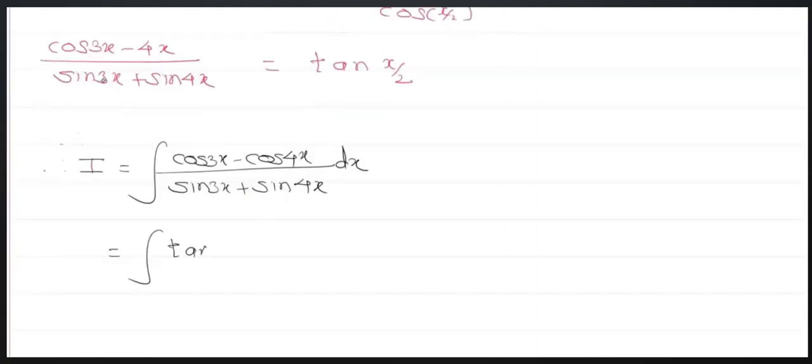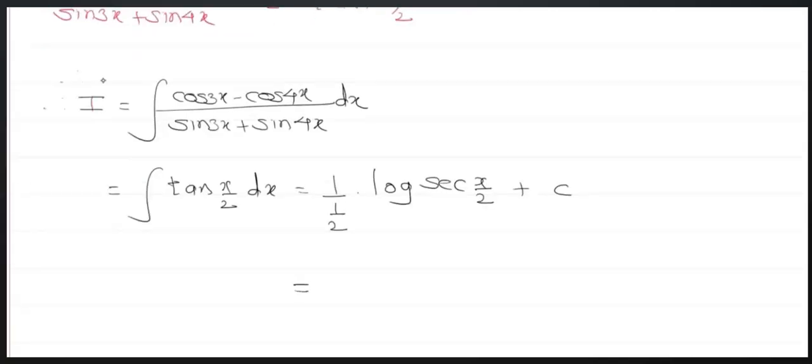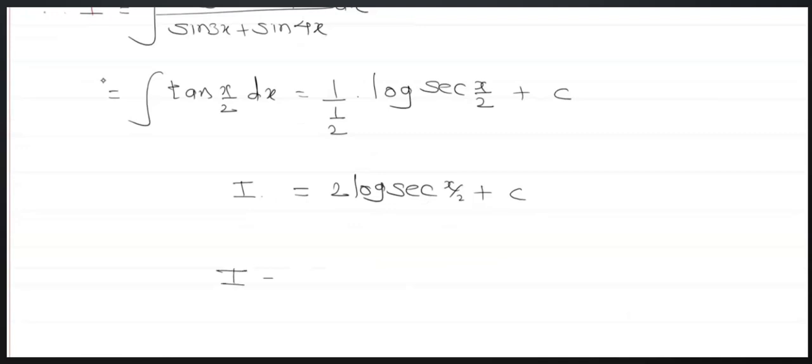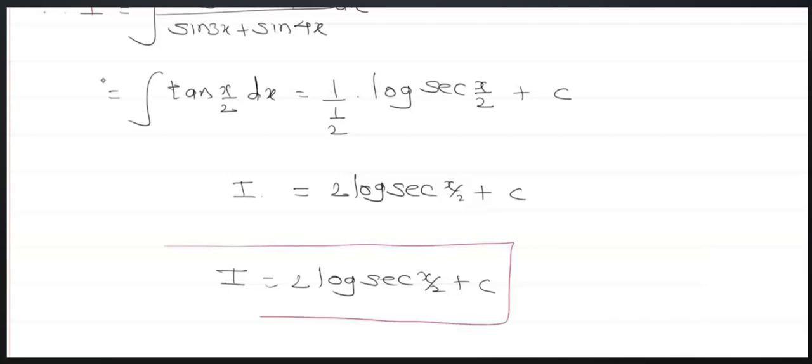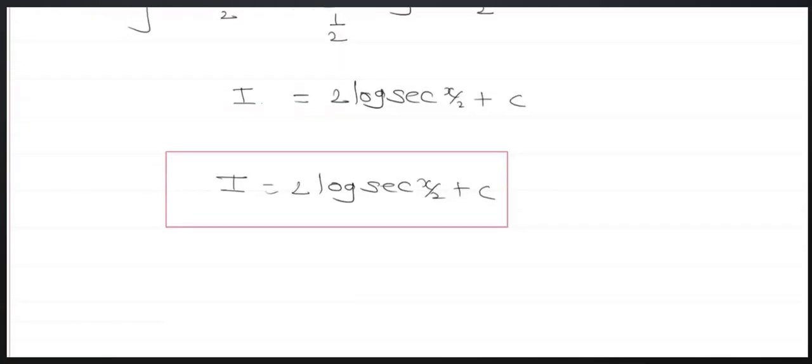That is equal to the integral of tan of x upon 2 dx, and the integral of tan of x by 2 is 1 upon 2 log of sec of x by 2 plus c. Therefore, 2 log of sec of x upon 2 plus c, and this is the answer.